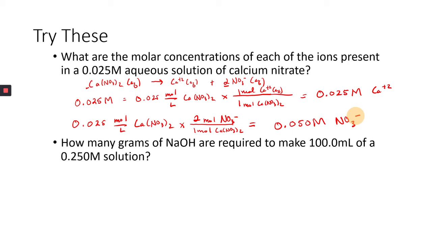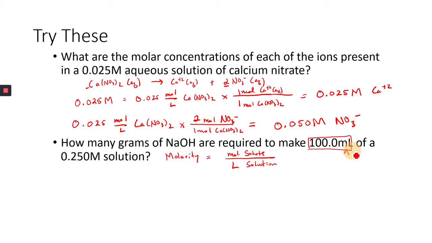How many grams of sodium hydroxide are required to make 100 milliliters of a 0.25 molar solution? So they are giving us 100 milliliters. Now, if you remember correctly, molarity is moles of solute over liters of solution.